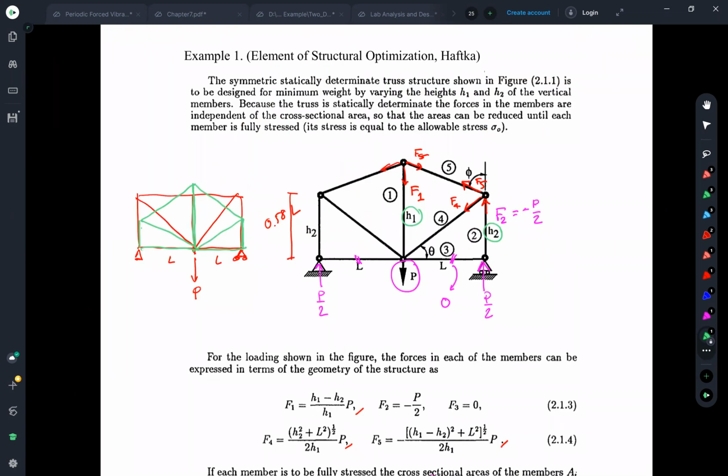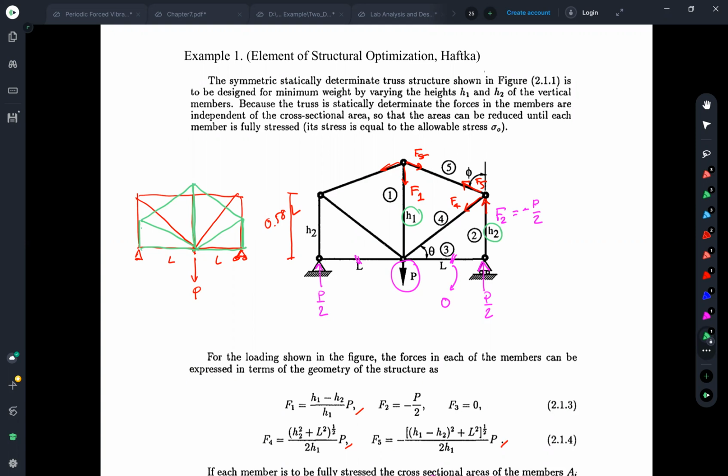And going back to this, you see, with this optimization, we can have the truss, the base shape of the truss, H1 equal to 0.8 L, H2 equal to 0.8 L, and H3 equal to 1.16 L. And this will make your truss minimum weight.